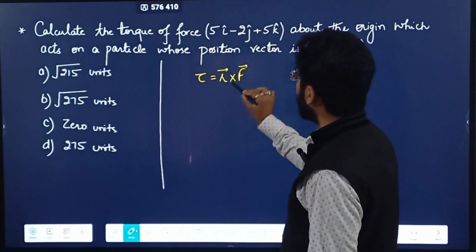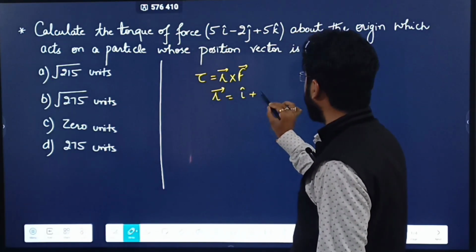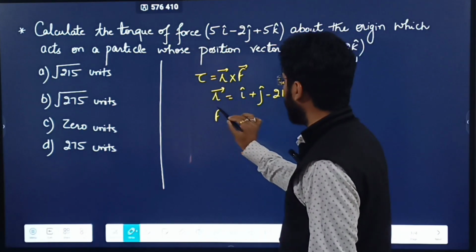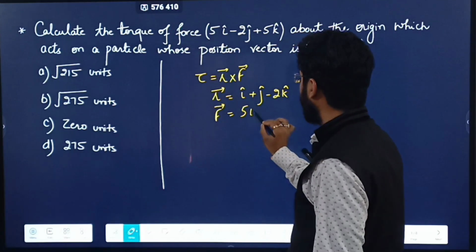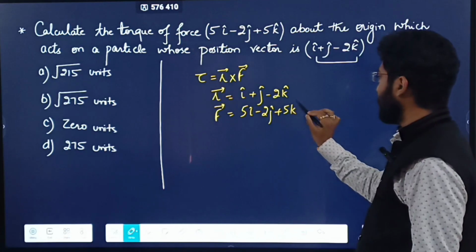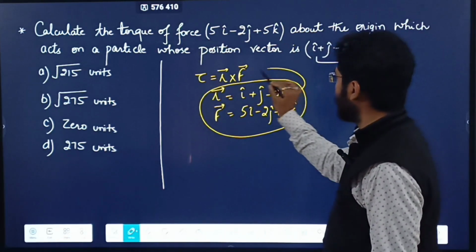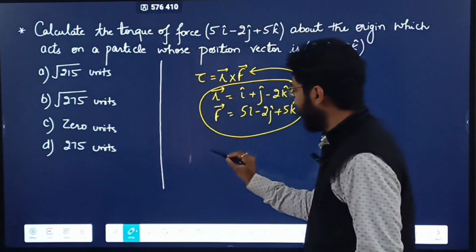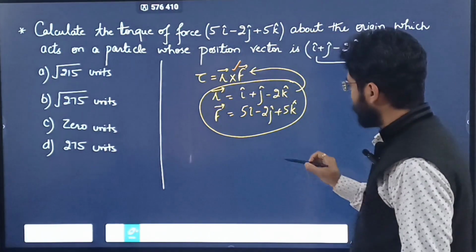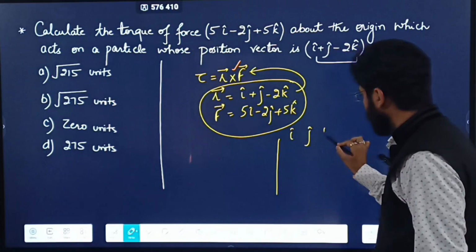As you know, the r vector is given in the question as i cap plus j cap minus 2k cap, and the F vector is given as 5i minus 2j cap plus 5k cap. So according to the formula, when we put these two in, as it is a cross product, it can be solved in this manner.